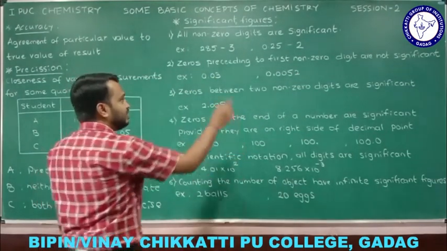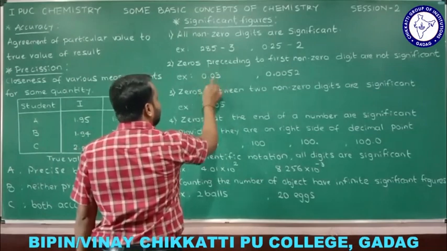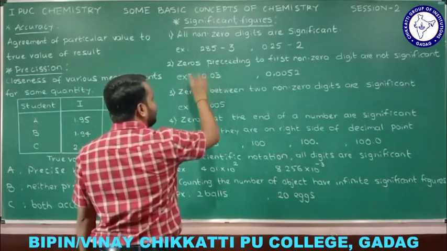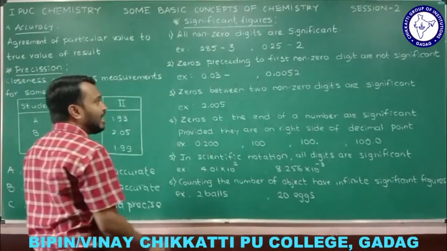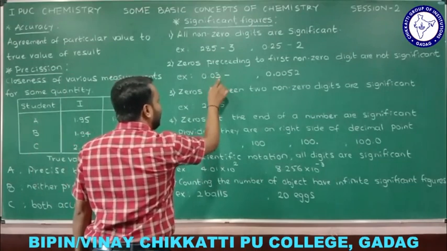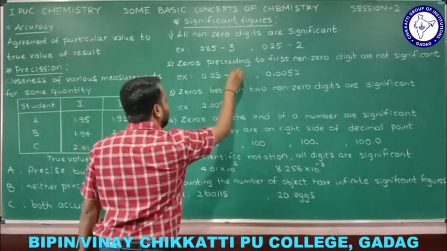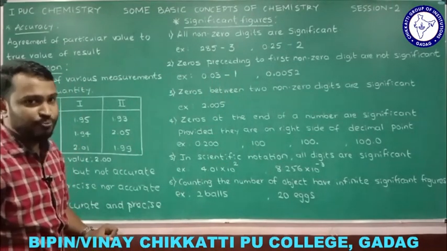Therefore, how many significant figures are there? According to the rule, these two are not significant. We have only 3, and therefore the number of significant figures will be 1. I hope you got this one.